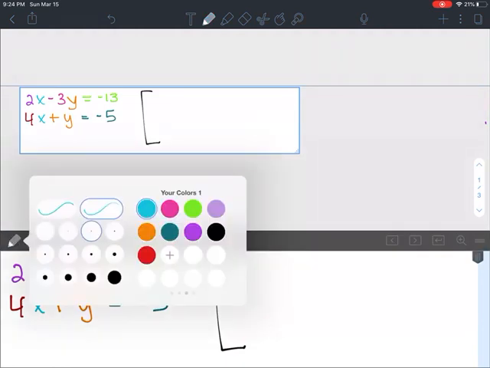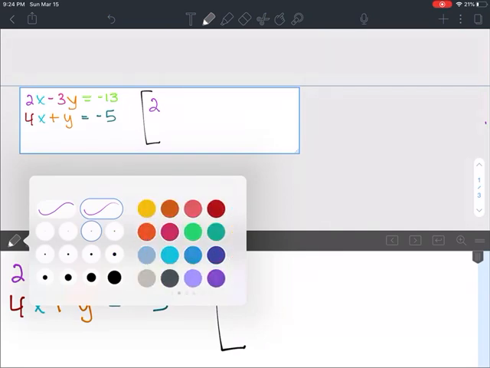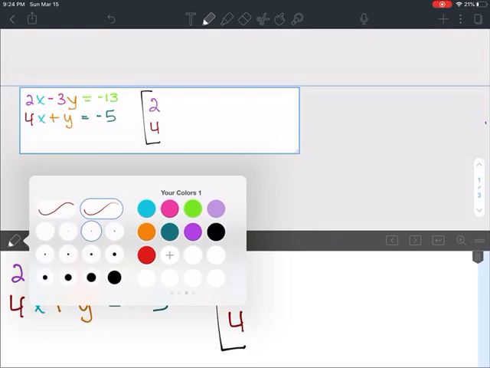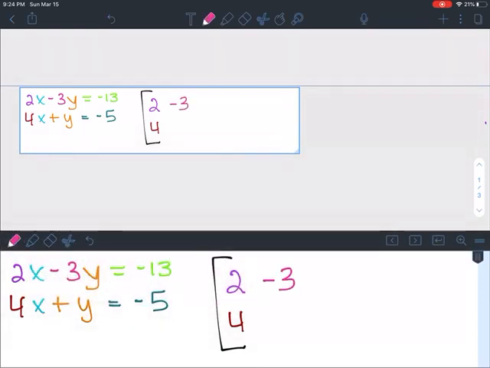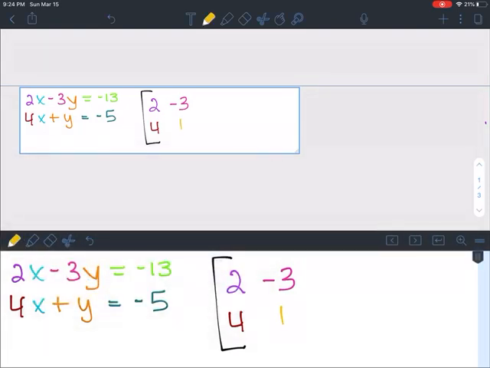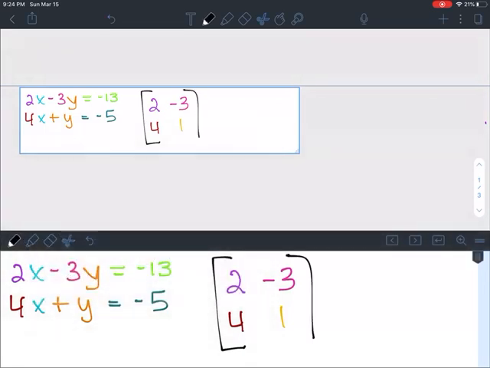That means I'm going to take my coefficients of 2, of 4, of negative 3, and of positive 1. And that makes up my first matrix. That's just my coefficient matrix.